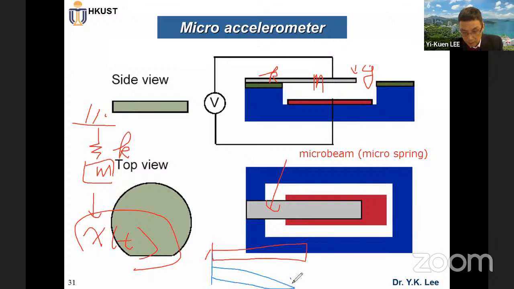You code this, and then the vibration as a function of time, if you can convert this vibration into an electrical signal, for example, you have two micro electrodes that change capacitance.